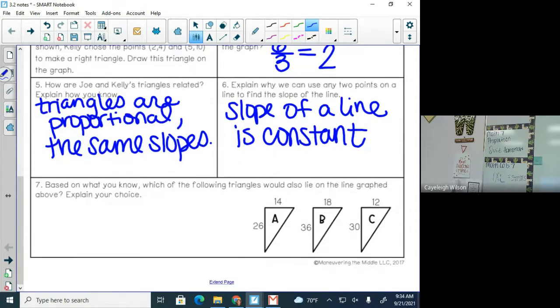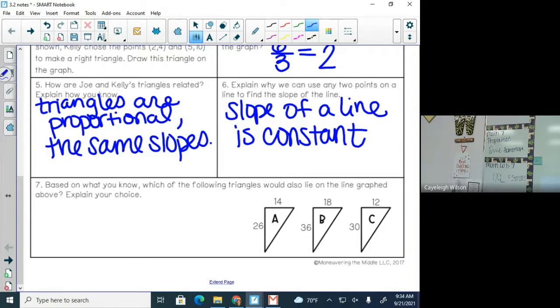All right, it says, based on what you know, which of the following triangles would also lie on the line graphed above? Explain why. So look at these 3 triangles and figure out which one would have the same slope as the other 2, which means they would also lie on the same line.